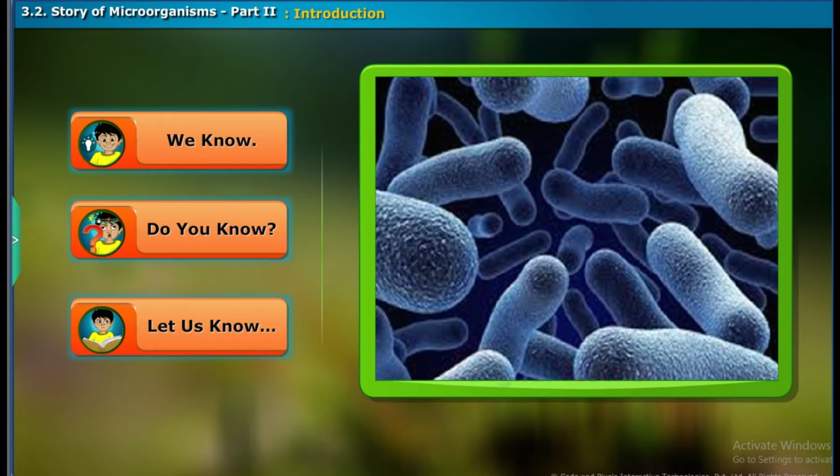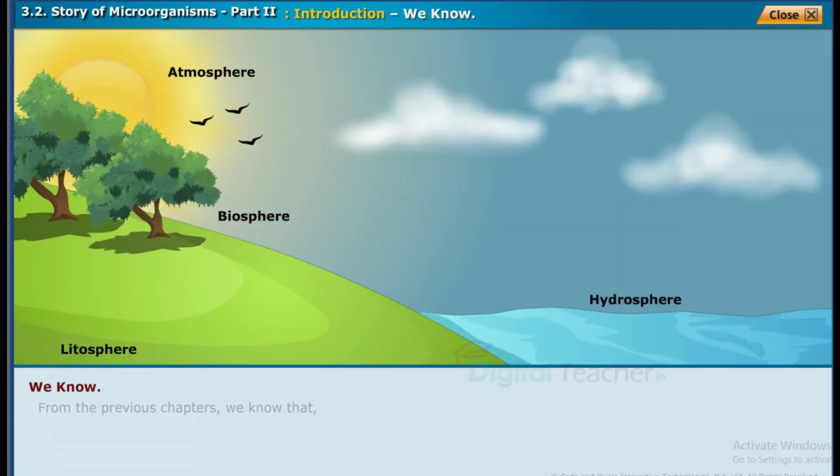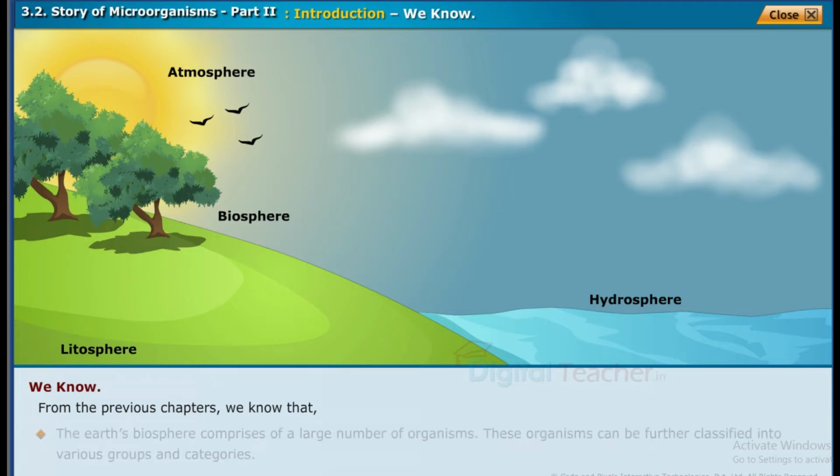Introduction. Before entering into the chapter, follow the instructions shown on the screen. From the previous chapters, we know that the Earth's biosphere comprises a large number of organisms. These organisms can be further classified into various groups and categories.